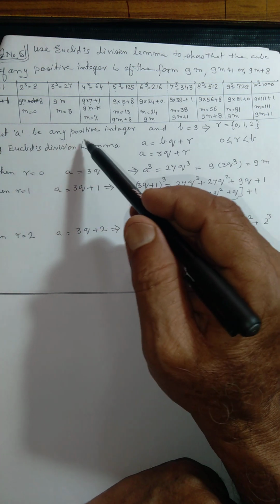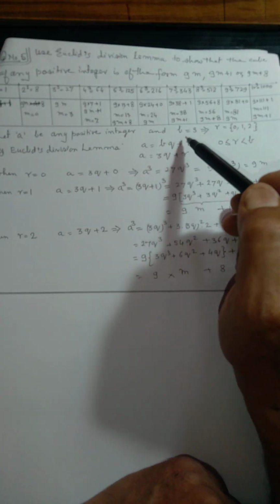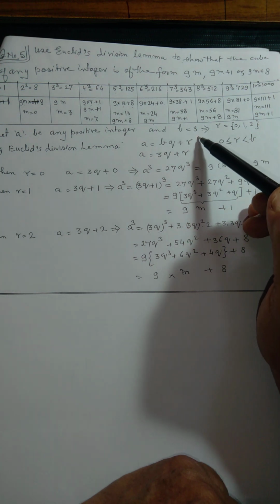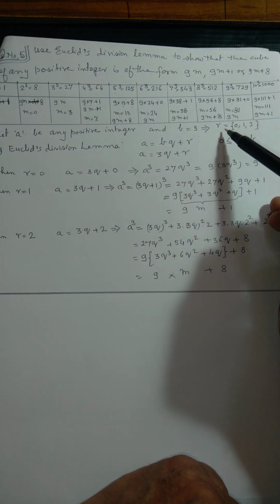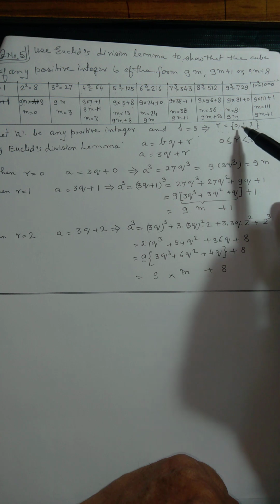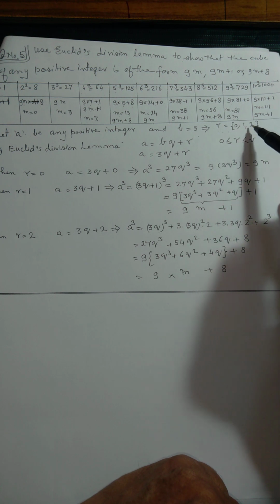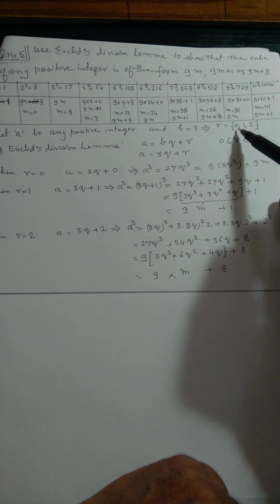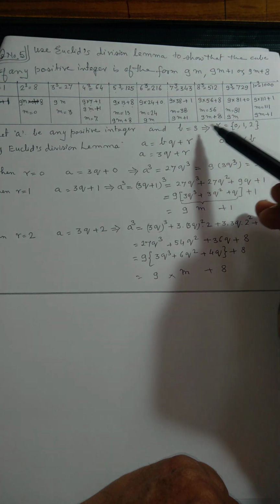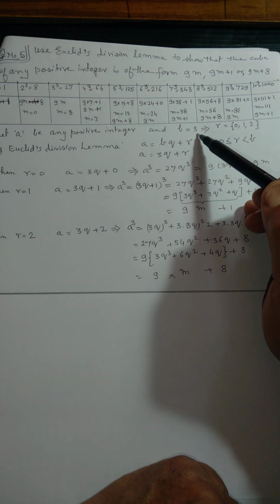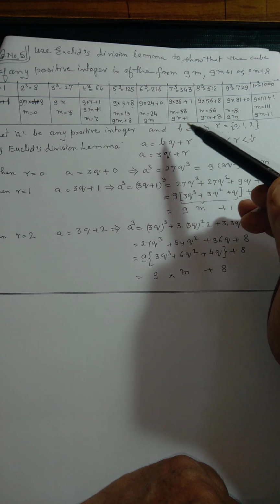Let a be any positive integer and b is equal to 3, where the remainder will be 0, 1 or 2, either 0 or 1 or 2, because it should be less than 3. Here the divisor is 3.